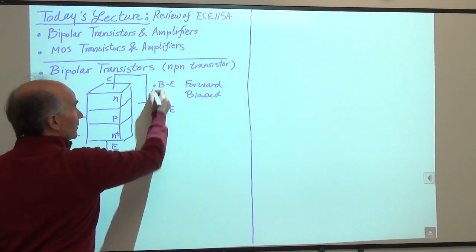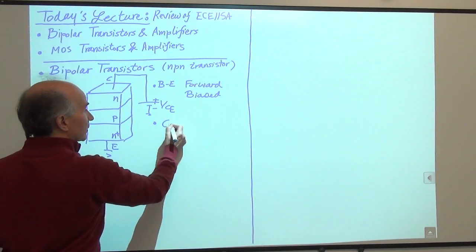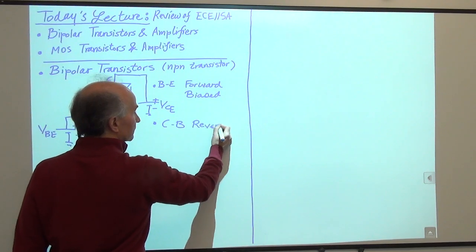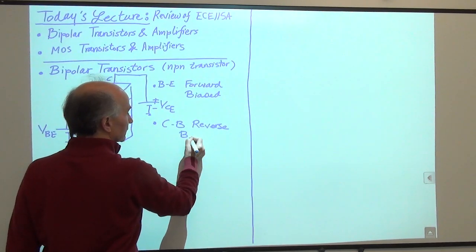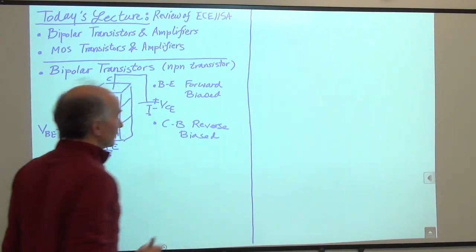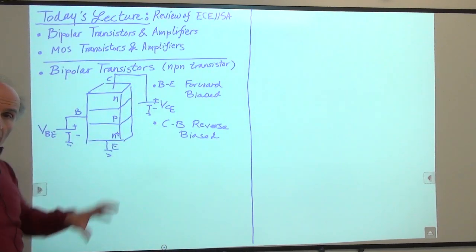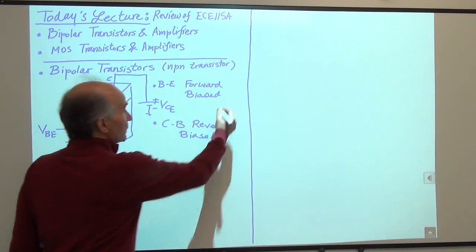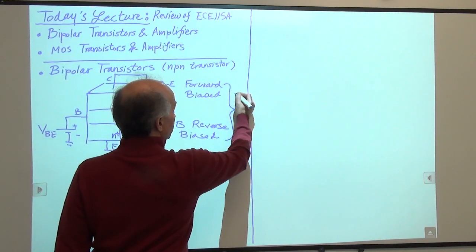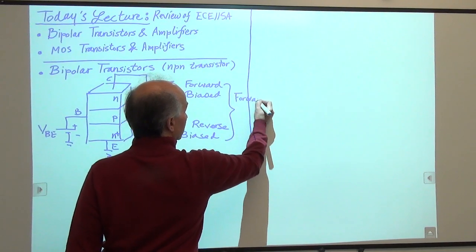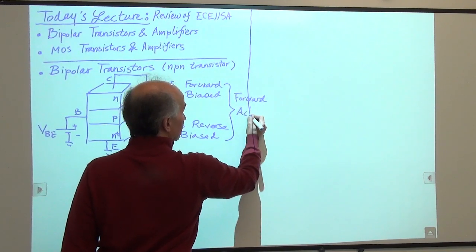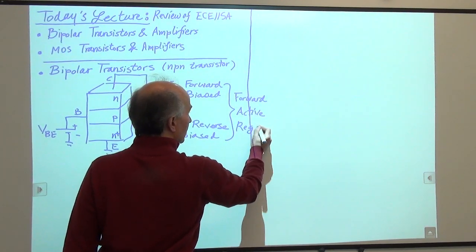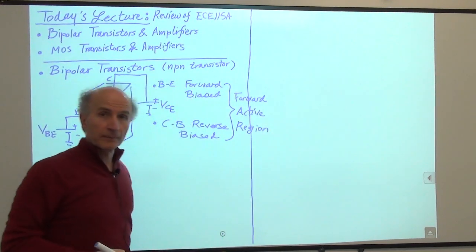And the second condition that we have is that the collector base junction is reverse biased. So these two together form what we call the forward active region. And this is really the only region in which bipolar transistors are used.